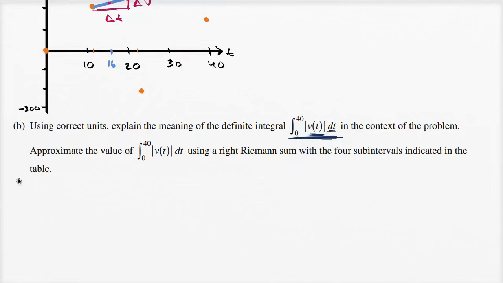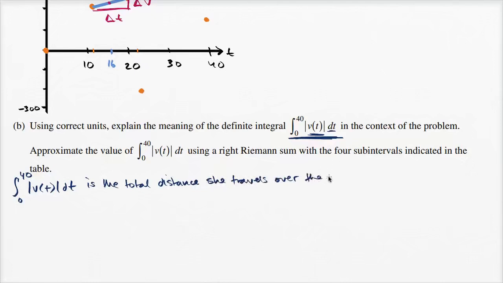So let me write that: this integral from 0 to 40 of absolute value of v of t dt is the total distance she travels over the 40 minutes.